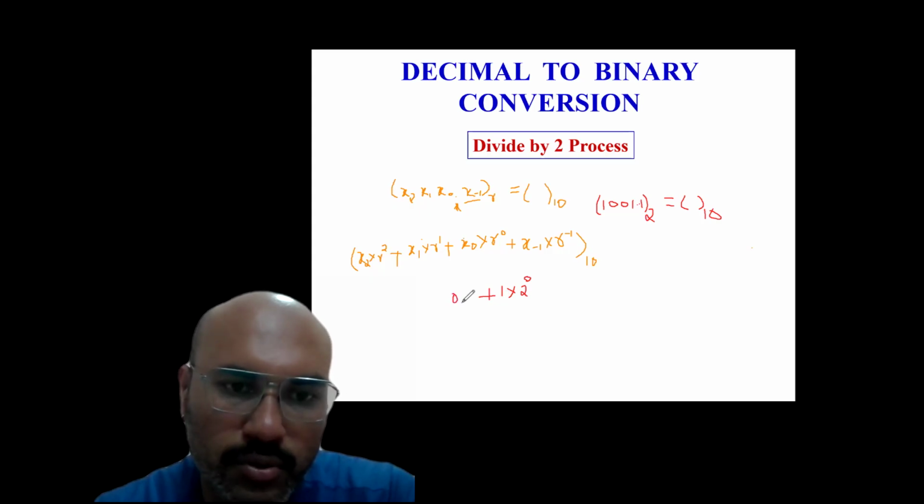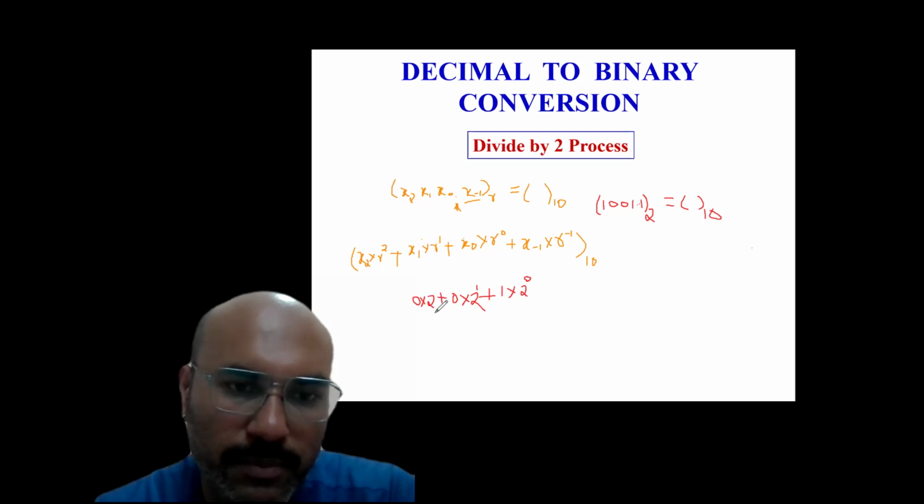Still, we will do that. 0 multiplied with 2 to the power 1. Similarly, the next number is also 0, so we will multiply 0 with 2 to the power 2. And at last, we have the MSB, which is 1.